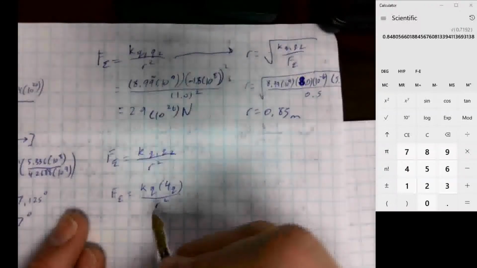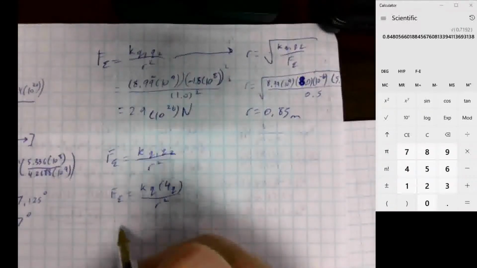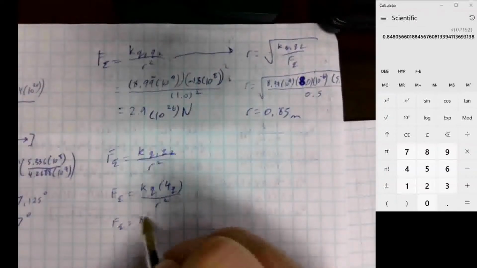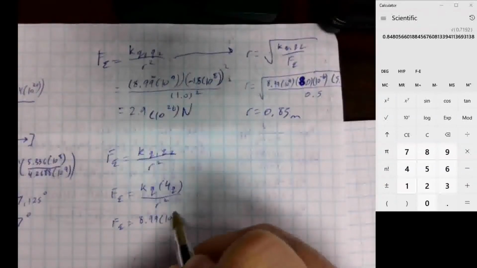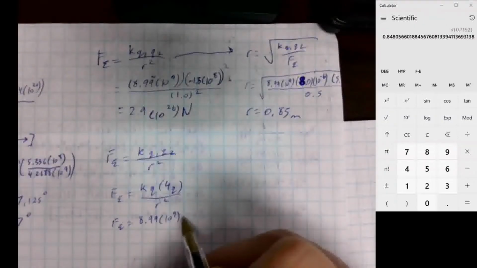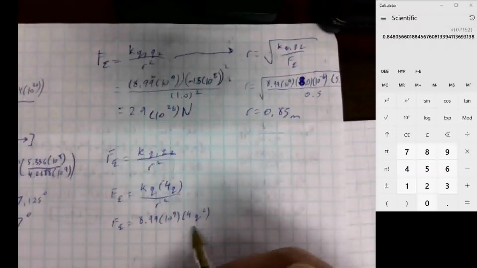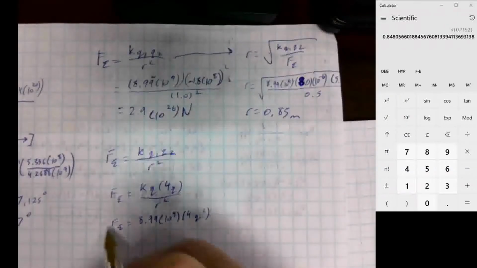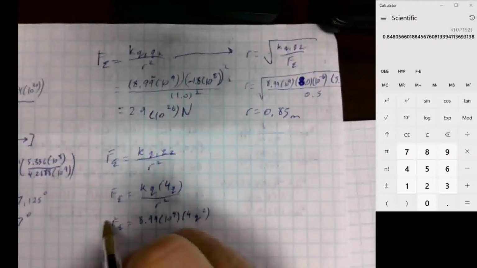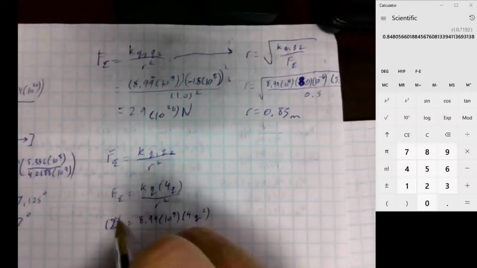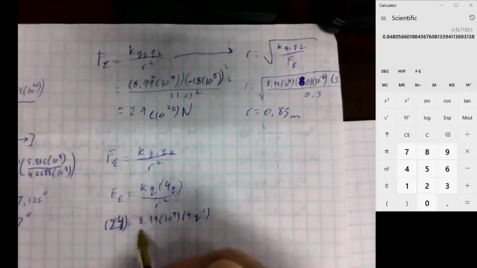FE equals 8.99 times 10 to the power of 9, times 4Q squared. FE is 24. I guess I could have rearranged this first.